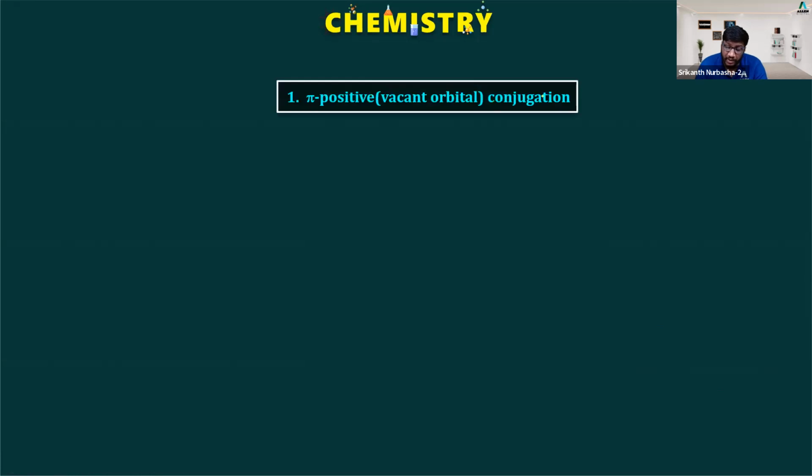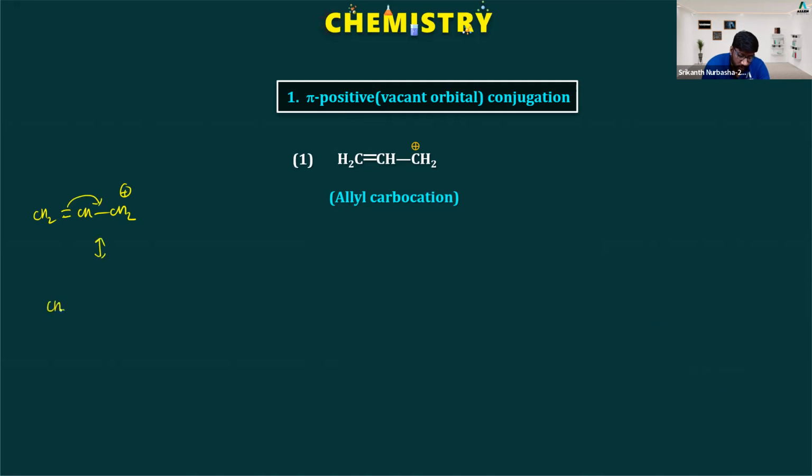So, pi positive vacant orbital conjugation. CH2 double bond CH2 plus. How can we write the respective conjugate system? We know the resonating structure can be drawn by moving electrons from the pi electron density towards the positive charge. So this resonating structure you can draw as CH2 plus CH double bond CH2.